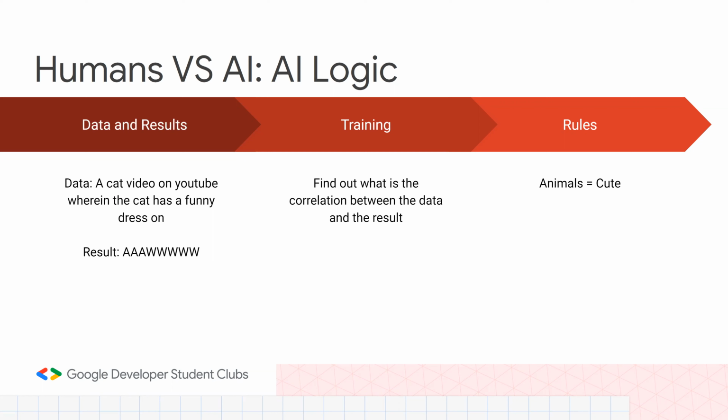And in terms of logic, we humans have our brains, and our brains have different parts that do different functions. And that can't really be emulated that much in AI, especially in the scope of what we're trying to do.